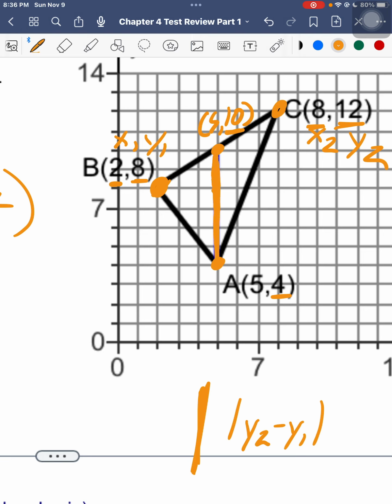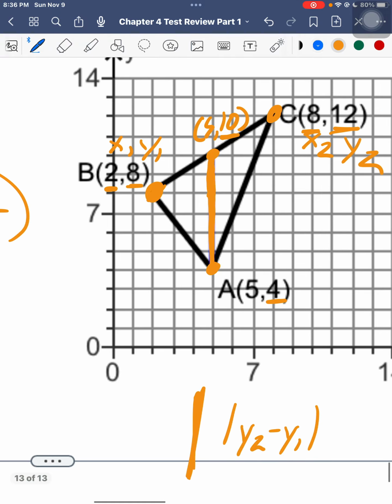If I find 2/3 of 6, won't I be able to calculate where my centroid is? Let's say my point is somewhere here. This is going to be my 2/3 portion, and this will be my 1/3 portion. Why? Because I'm going from the vertex to the supposed centroid, and from the supposed centroid to the midpoint of the opposite side.